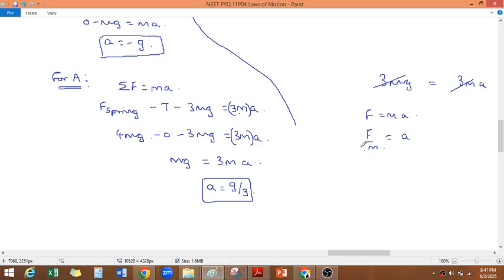Yes, sir, for the first mass. The force is gravitational force acting downwards, so g by 3m acceleration. What is the value for F you will put? mg, gravitational force. Yeah, 10, and m cancels. But here are you not supposed to put 3 mg because the mass is 3m?